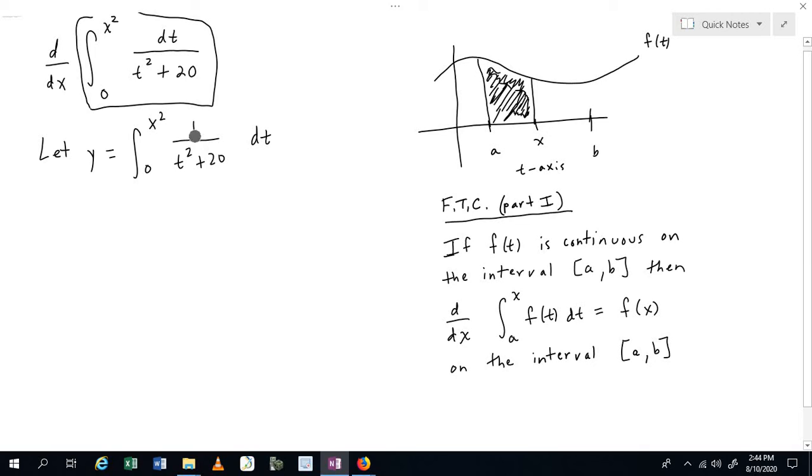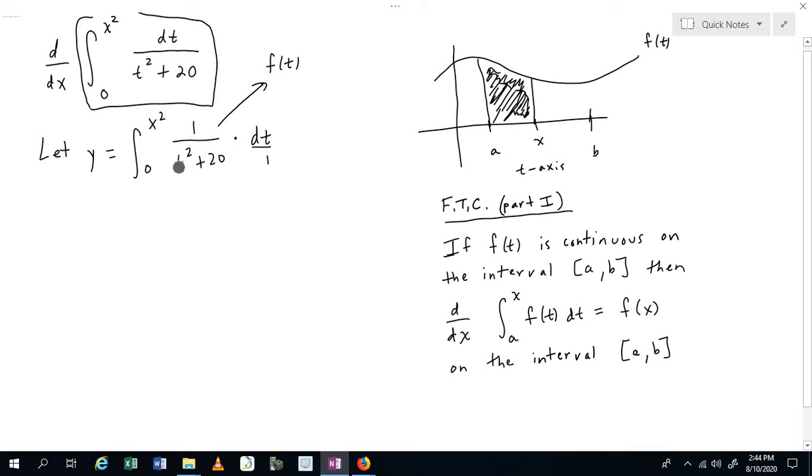Then I'm going to write this as 1 over t squared plus 20 times dt. That's the same thing as what's written here. When you multiply these two together, you get dt times 1, which is just dt, and 1 times t squared plus 20 is t squared plus 20. So you can write it either way. I prefer to have it written this way, and that way we know our f of t.